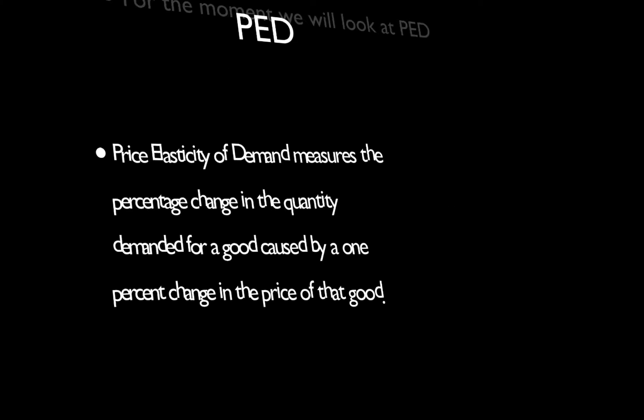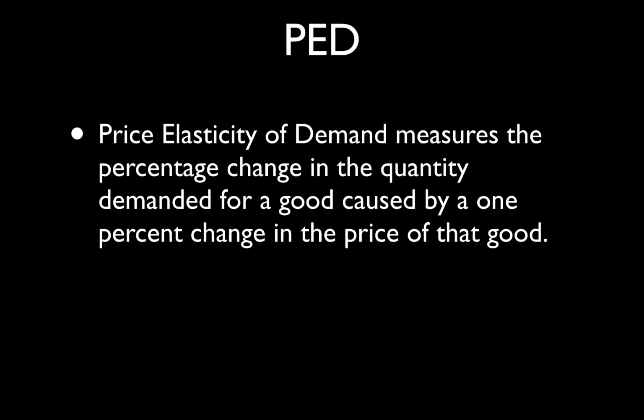Right? So what is it? Well, it's always very important to know what you're talking about before you speak about something. So price elasticity of demand. It measures the percentage change in quantity demanded for a good caused by a 1% change in the price of that good, right? So it's percentage change in quantity demanded caused by a percentage change in price. Now, essentially what the formula does, which we will have a look at in a second, is that it averages it out.